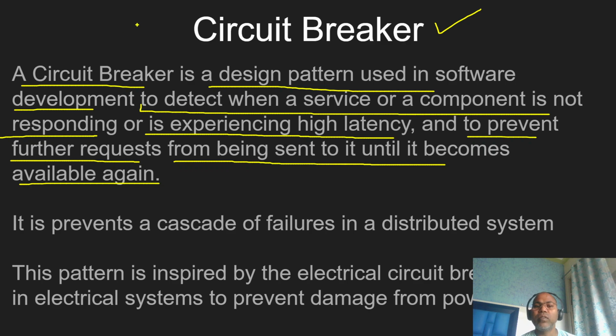So the circuit breaker design pattern ensures that if a particular node is unhealthy and not responding, then we don't forward all requests to it. Otherwise all the requests unnecessarily wait, right?